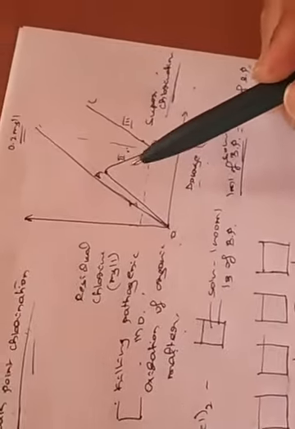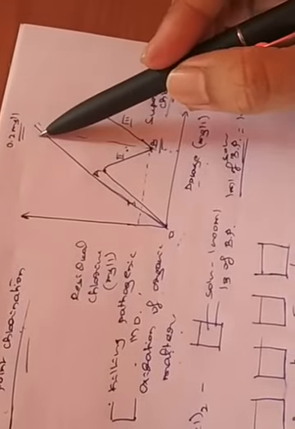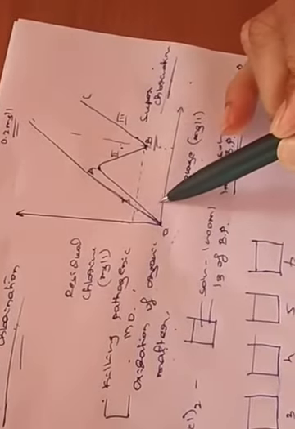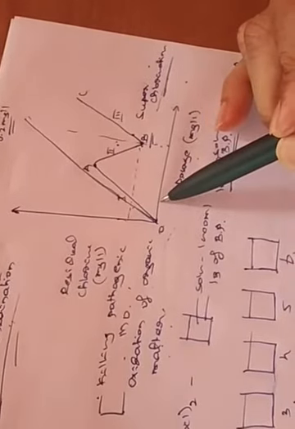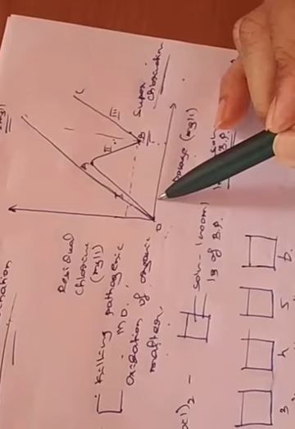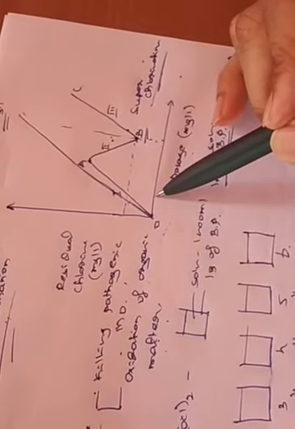If the same test is performed for distilled water, we may get a curve something like this with an angle of 45 degrees. The reason is that distilled water doesn't consist of any organic matter or microorganisms.